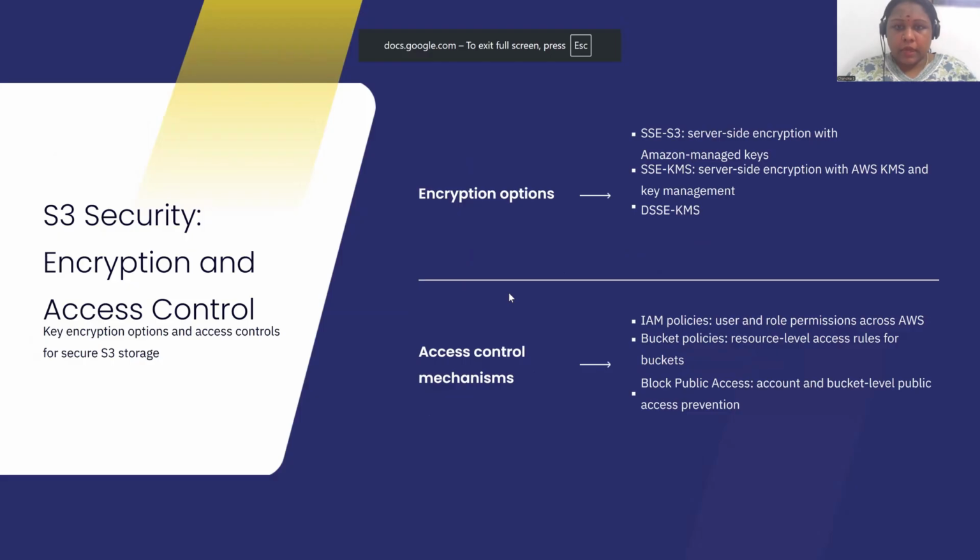And let's see the access control mechanisms. So you have IAM policies. IAM policies are attached generally to users and roles. Through an IAM policy, you can manage or control access for users and roles. Then come bucket policies.